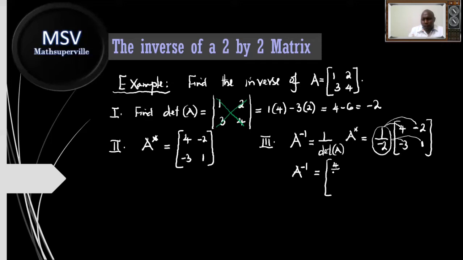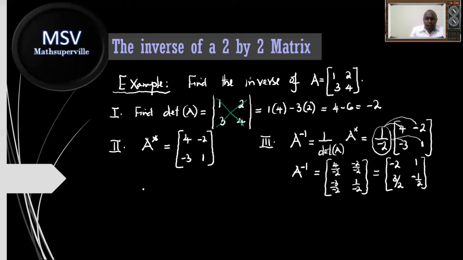So you get 4 divided by negative 2, and then negative 2 divided by negative 2, negative 3 divided by negative 2, and then 1 divided by negative 2. This gives us negative 2, 1, 3/2, and negative 1/2.